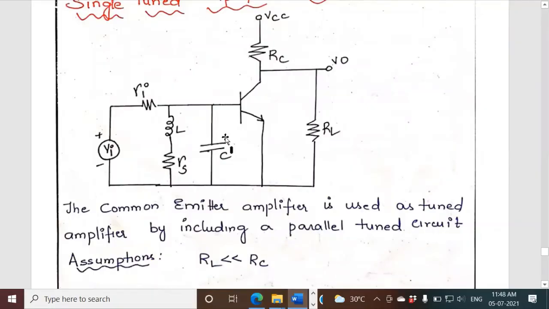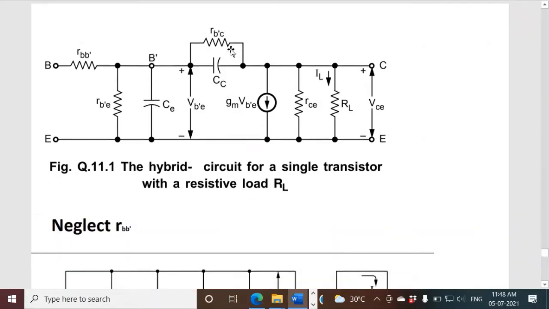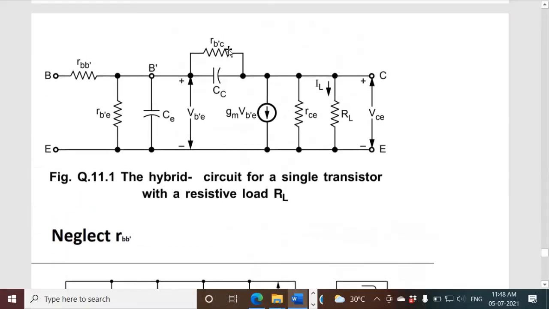Then in the transistor we have RCE and RB'C. Usually these two are large values. Why? Because the collector base junction is reverse biased, so negligible current means high resistance.